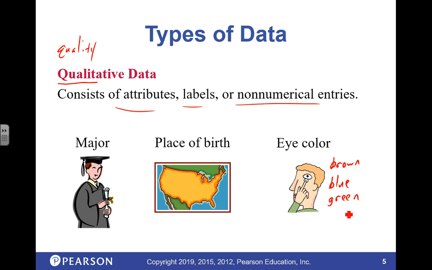They're non-numeric values, so these are considered qualitative data. If you describe your place of birth, what state or city you were born in, those would be non-numeric. Or if you looked at what you were majoring in college, that is a non-numeric response. A lot of surveys deal with non-numeric responses. So these are qualitative data.